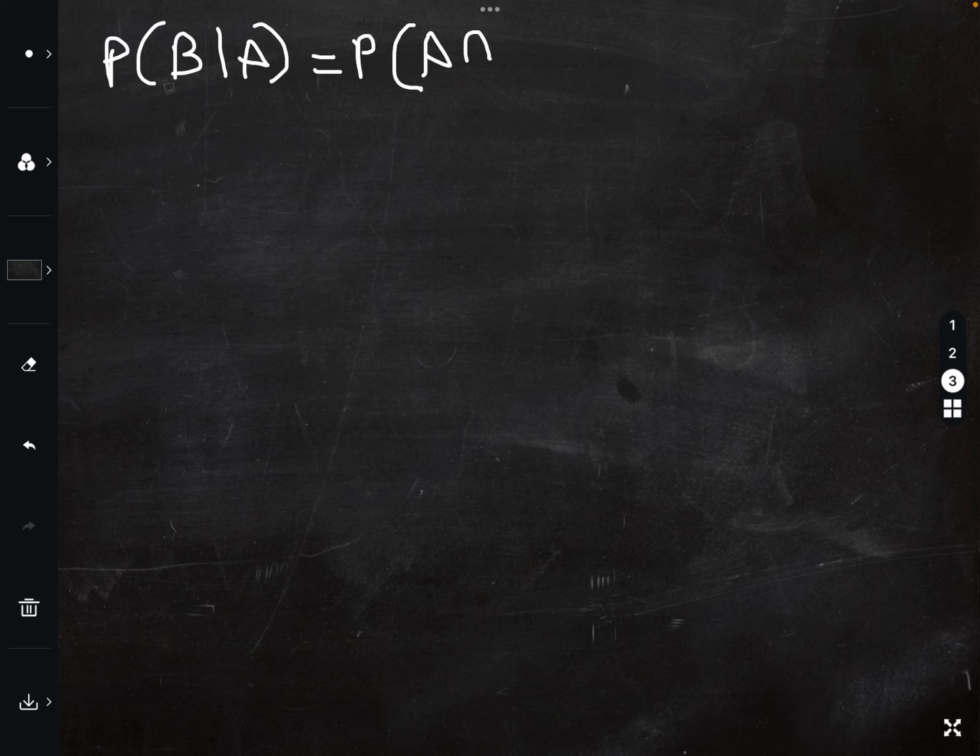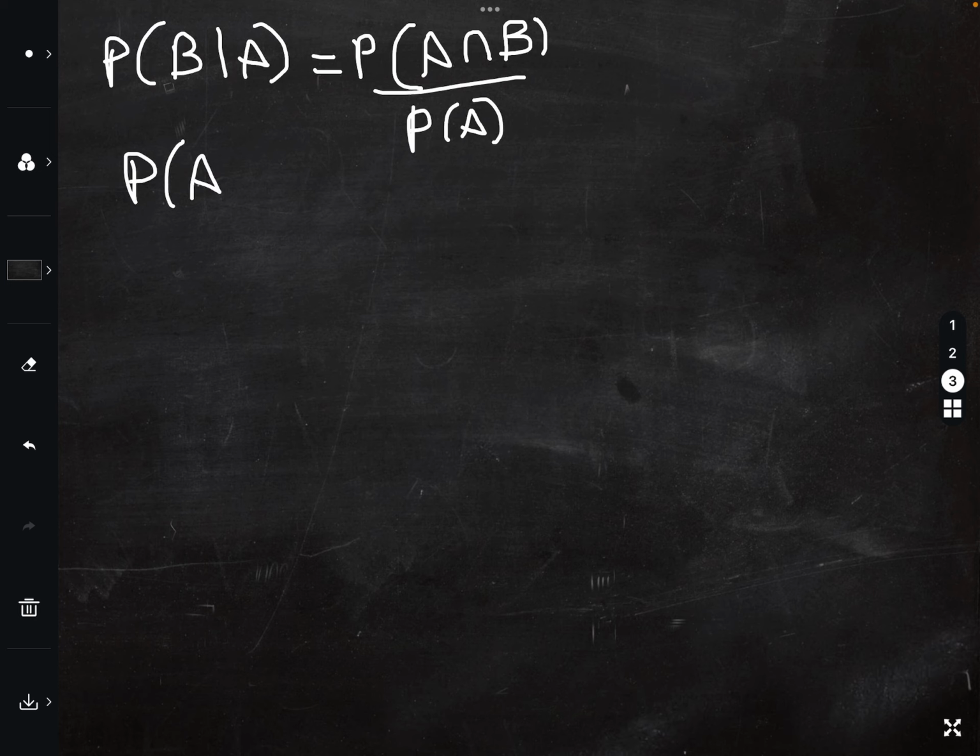That is the multiplication theorem of probability. We know that the probability of B given A is equal to P of A intersection B divided by P of A. Then what is P of A intersection B?